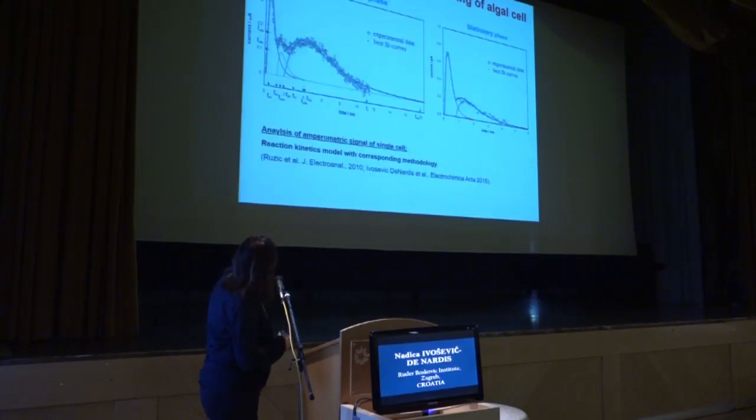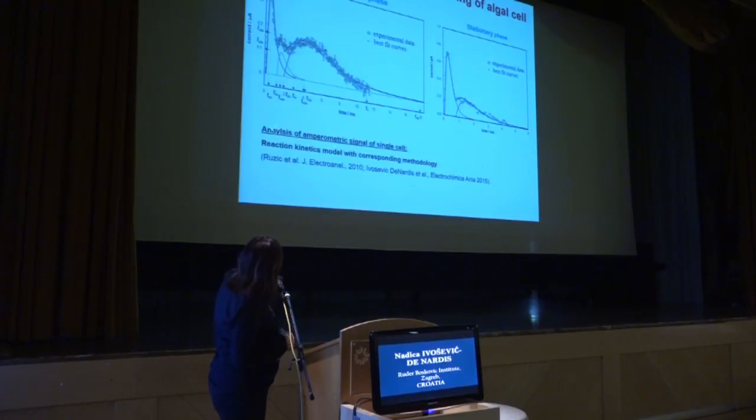So here is our amperometric signal of a cell in exponential phase and stationary phase that I already described. Again, the experimental data and the black solid line, which is the fit, is very good.